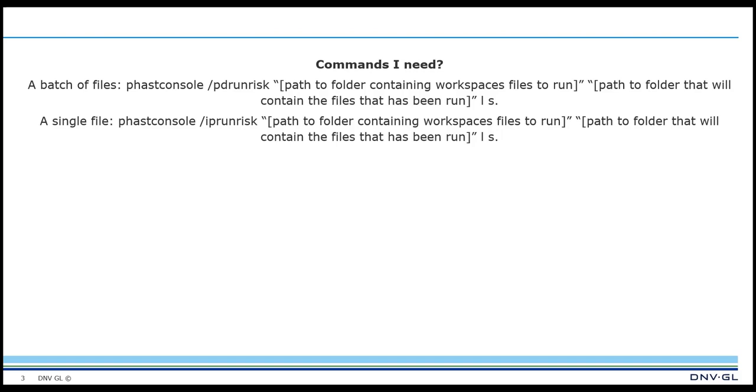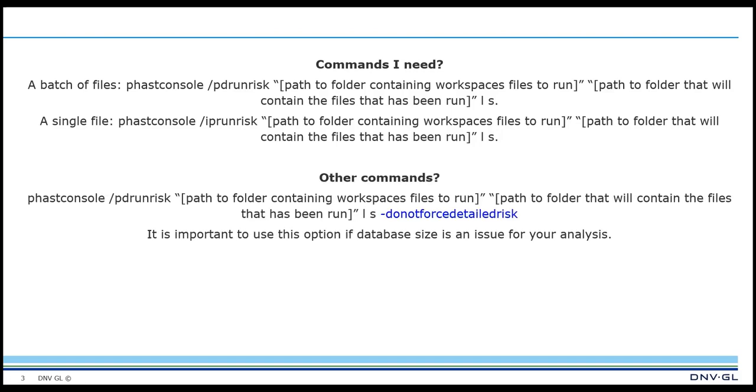In summary, these are the commands that you will need to run a batch of files or a single file. In addition to that, there is one useful command: do not force detail risk. By default, detail risk results is turned on when running in the console. You can add the command to turn it off.